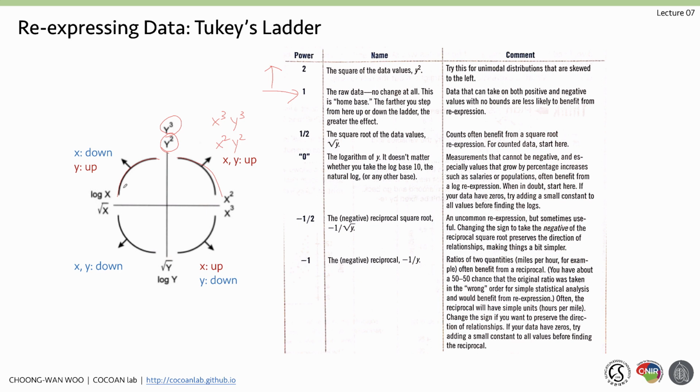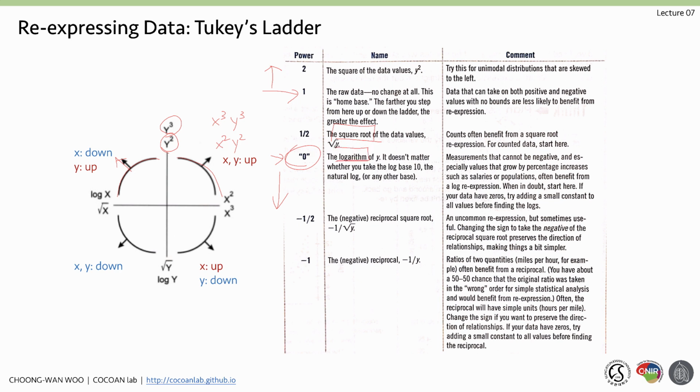If your data has this shape, you can go down on Tukey's ladder for x. Going down means you can take the square root of x or the logarithm of x, or you can go further like that, but usually the 0 level, 0 power, works quite well.